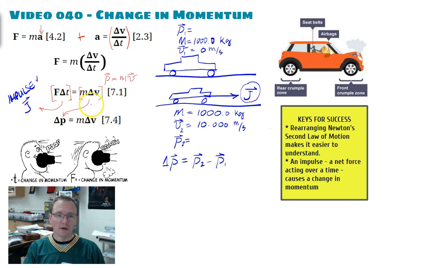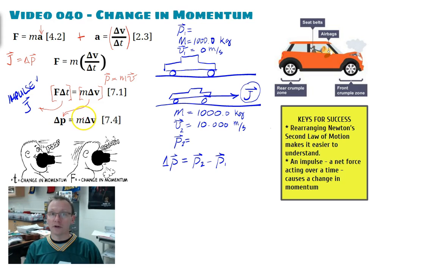So if I were going to write that out, I'm going to write it out up here. Let's say J, which is the impulse, is equal to the change in momentum, like so. That's a kind of shorthand way of writing it, which is kind of nice. But it's important for you to remember that the change in momentum is the mass times the change in velocity.